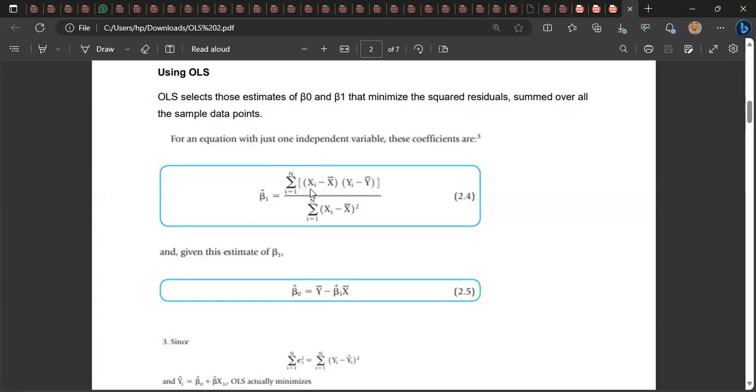So every time you see this little i, it represents the points that you are given from your sample, your x values from the sample. So it could be x1, x2, x3, x4, right? Depending on the number n for the sample.